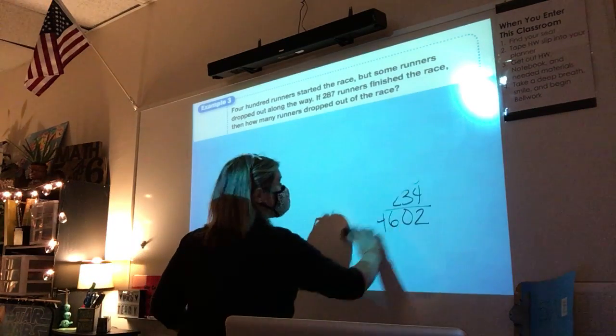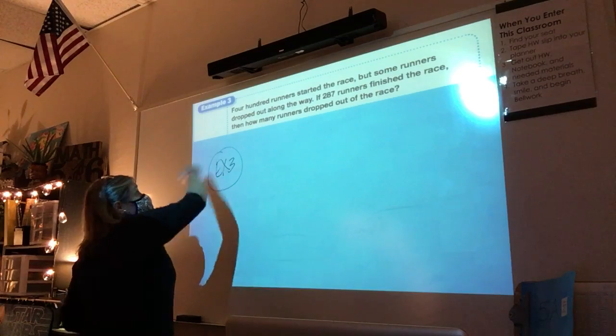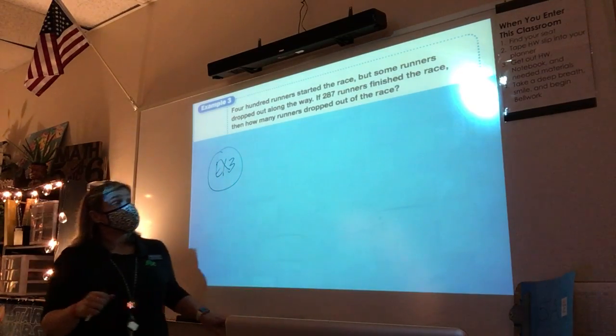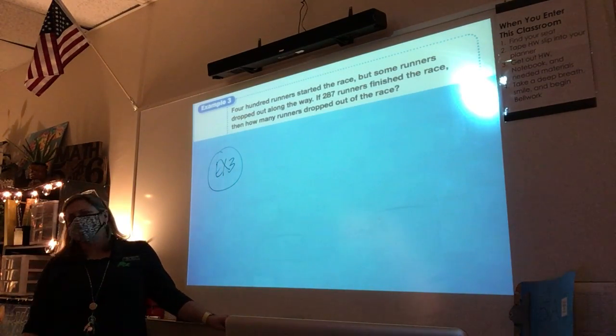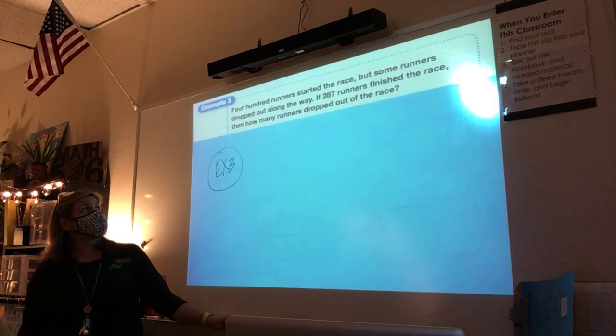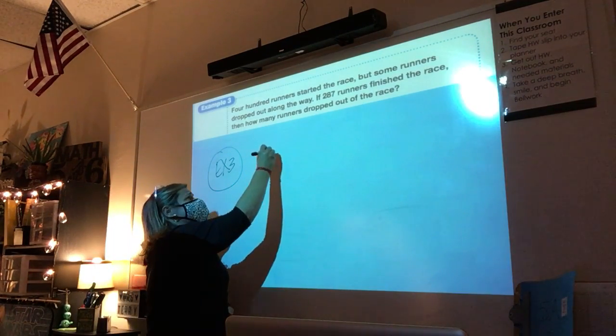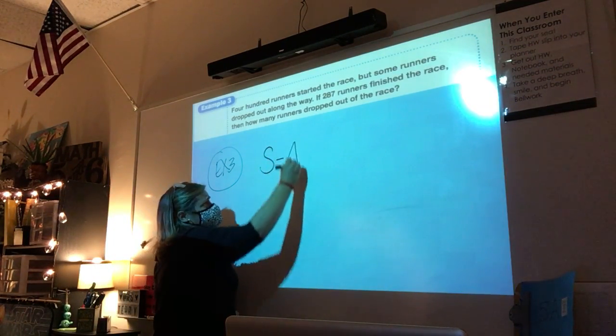Let's look at example number 3. 400 runners started the race, but some runners dropped out along the way. Oh, that's sad. If 287 runners finished the race, then how many runners dropped out of the race? So I'm going to tell you this is sad because they are separating.